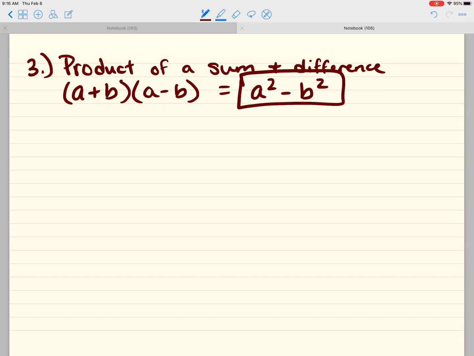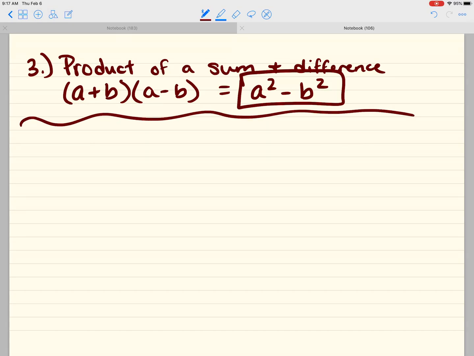Just a squared minus b squared. You just square the first term, subtract the square of the second term, right? Because think about when you FOIL: a times a gives me a squared. The outside terms give us minus ab. The inside gives you plus ab. Those two things cancel out, correct? And then b times negative b would give you negative b squared. So on this, they have to look exactly the same except for one's addition, one's subtraction. There can't be different terms there.